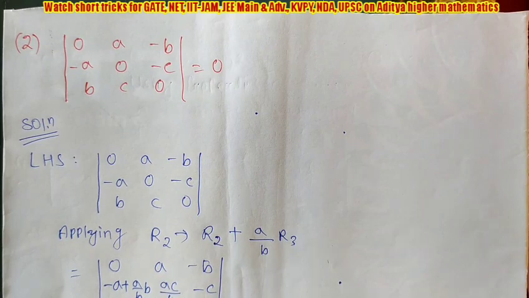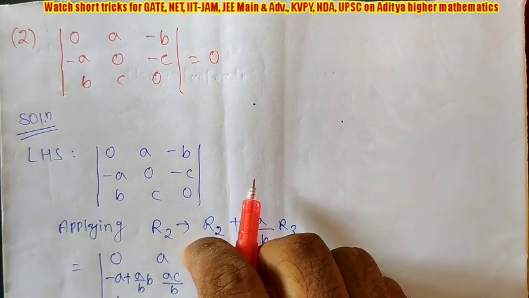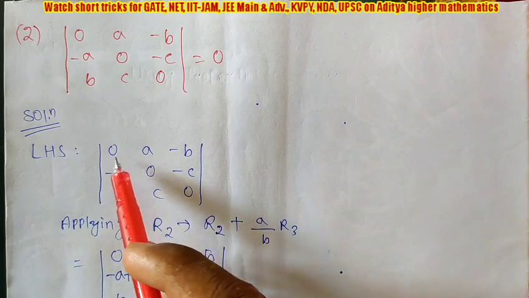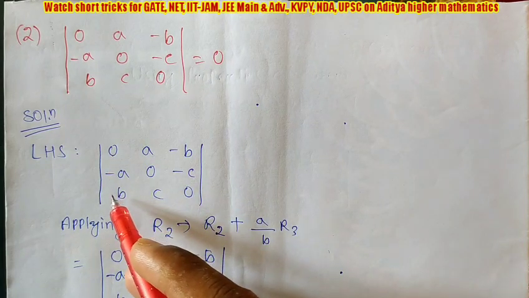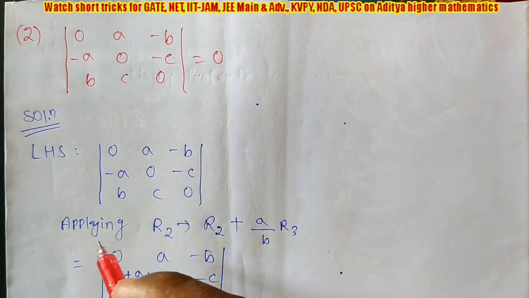So first we will try to convert this 3 by 3 determinant to 2 by 2 determinant. Then we can easily expand this. Since 1 zero is given in a row, if we will make another 0, then we can expand this, and after expansion you will get only 2 by 2 determinant.